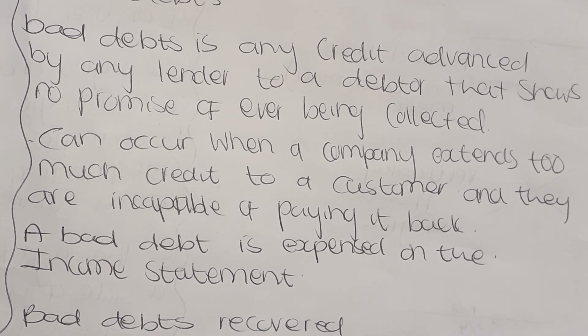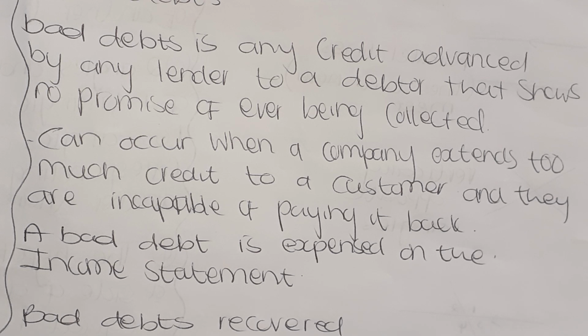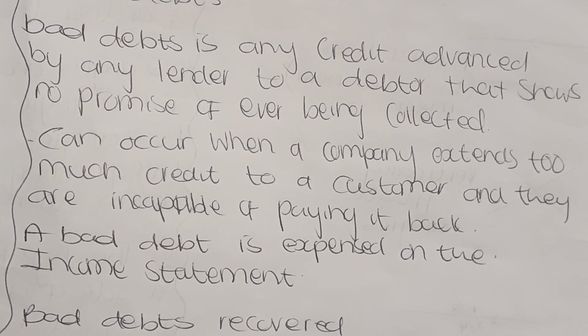What normally happens when people are not able to pay back their debts is that the company extends too much credit to a customer and they are incapable of paying it back. In clothing stores, they will always be increasing your credit, the money that is available in your account for you to buy with, and most times they don't even do affordability tests to see if you can really afford it.